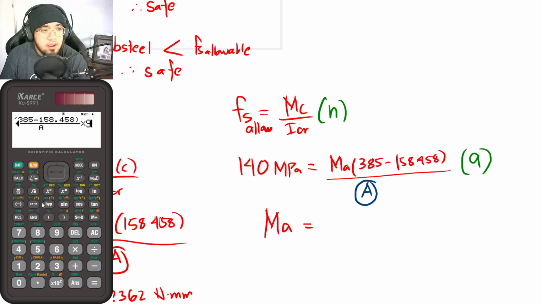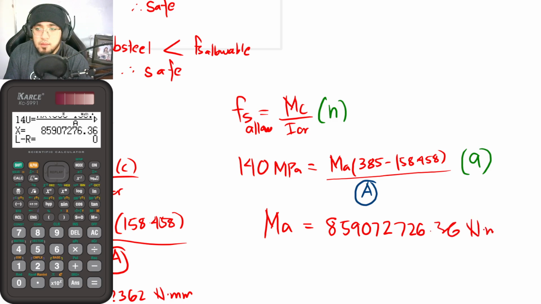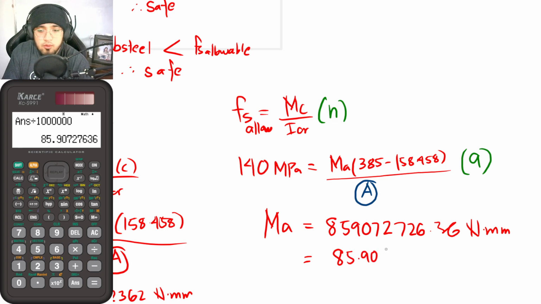So shift solving it, the answer for A or MA is 859072726.36 Newton millimeter. So if you would be converting this into kilonewton meter, just simply divide that by 1 million. So our answer here is 85.907 kilonewton meter.